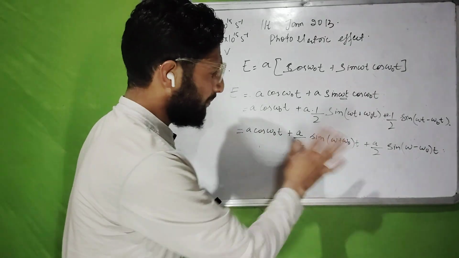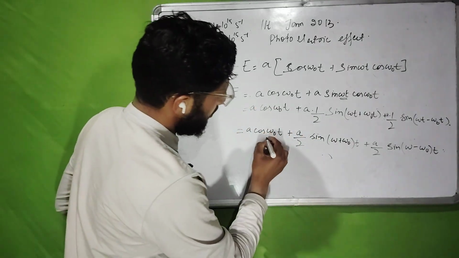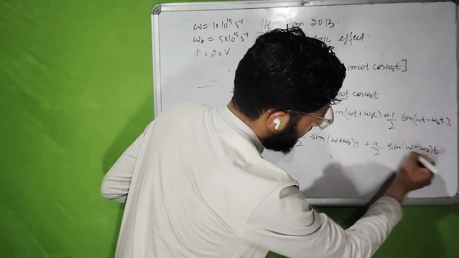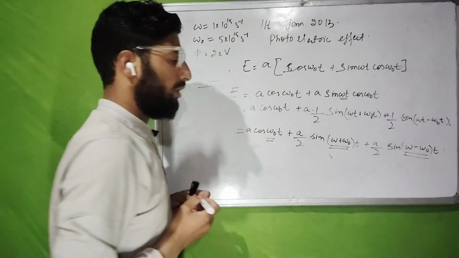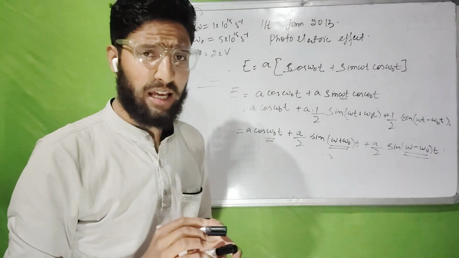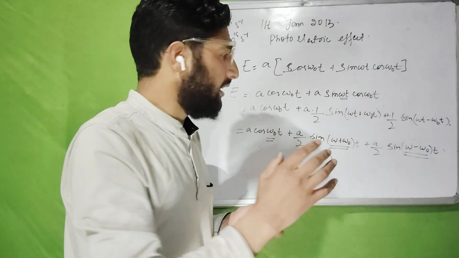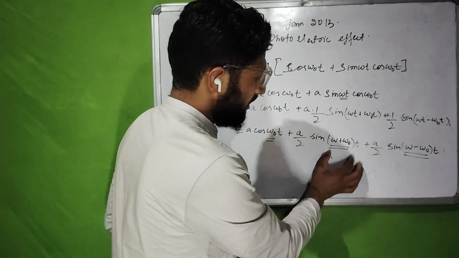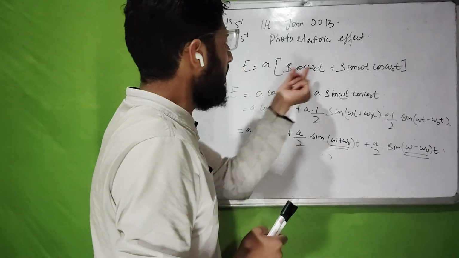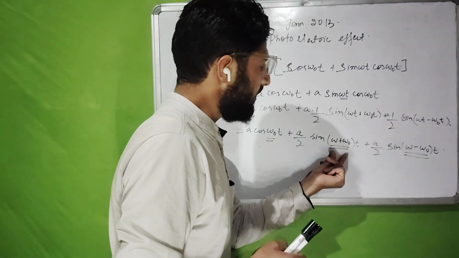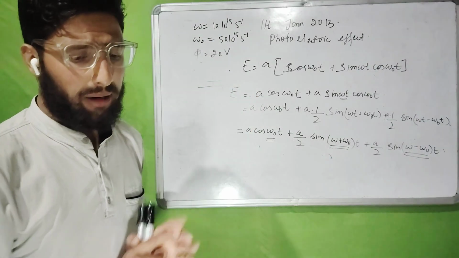If you see here the frequency is omega naught, here the frequency is omega minus omega naught, but here the frequency is omega plus omega naught. So the maximum frequency which will give the maximum kinetic energy is this part, omega plus omega naught. So this will eject the electron with maximum kinetic energy.